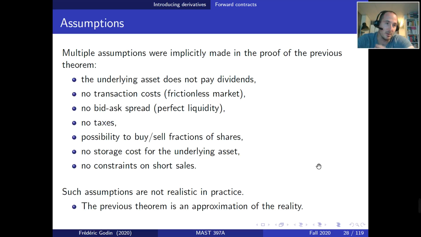We haven't considered taxes, so if you have to pay taxes when you purchase and sell an asset, these are costs that shouldn't have been included in cash flows. We assume that there would be a possibility to purchase or sell fractions of shares, which is of course impossible in practice.